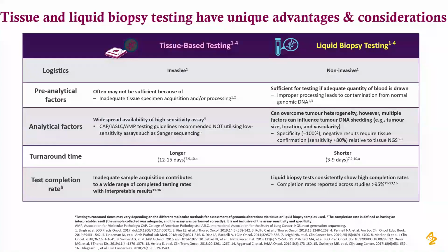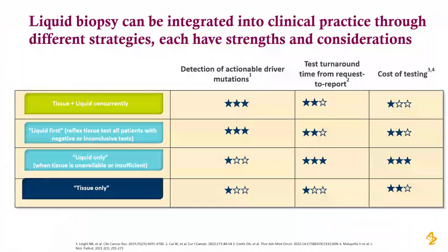We cannot miss any tumor heterogeneity, so liquid biopsy is the best option. When we combine both, the benefit is still greater for patients, with overall improvement in overall survival. Then next, please.